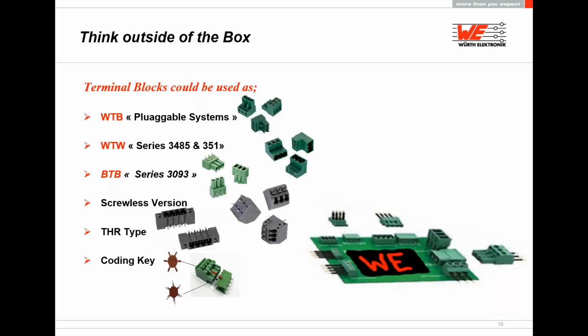So this coding key is going to go on the wire side, the plug side, and this pin is going to go on the header side, the PCB side. And once you have it aligned together, there is no way that you can plug it in wrongly.